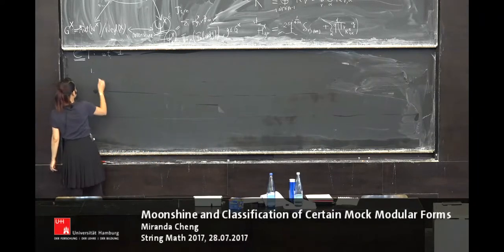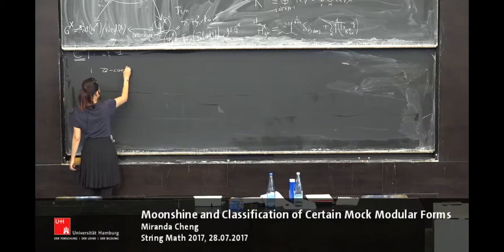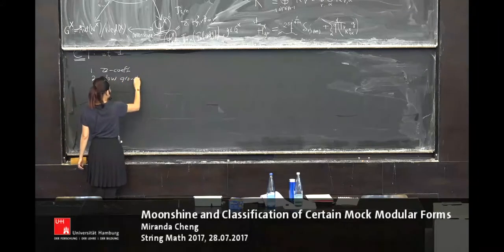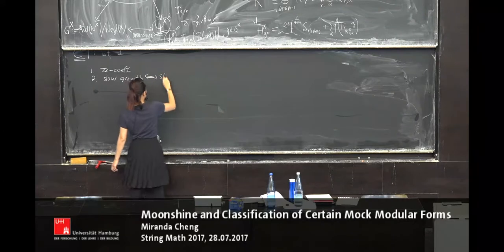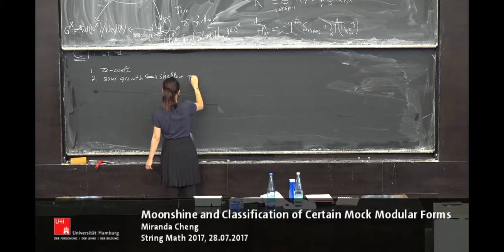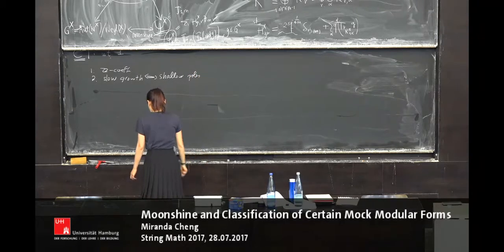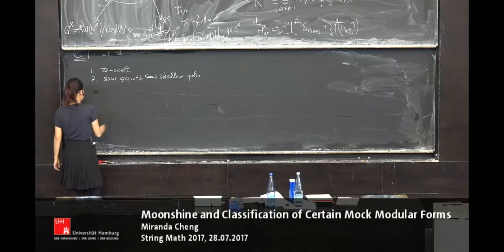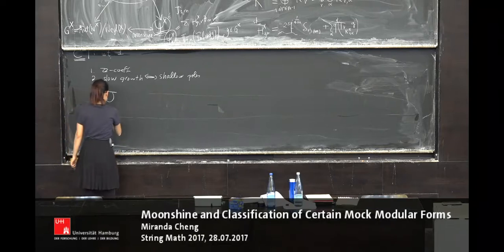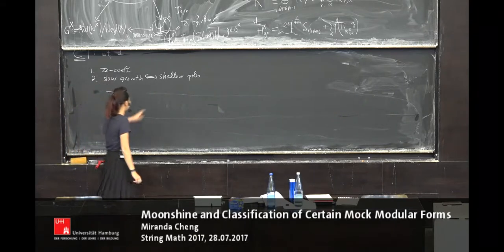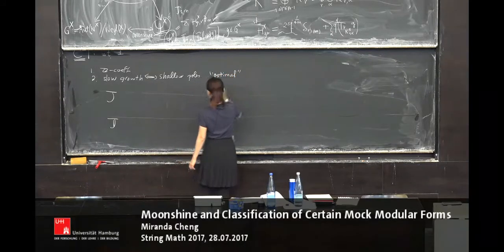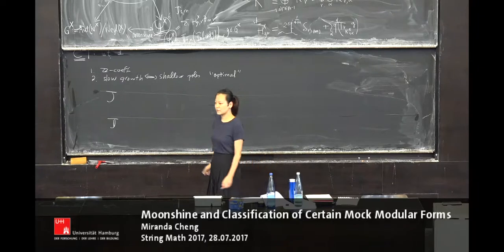So we want Z coefficients, slow growth, shallow pole, which is the same as having a shallow pole at i infinity. Then we define something like this, and following the work by Volker, Murthy, and Harvey, we'll call that optimal.